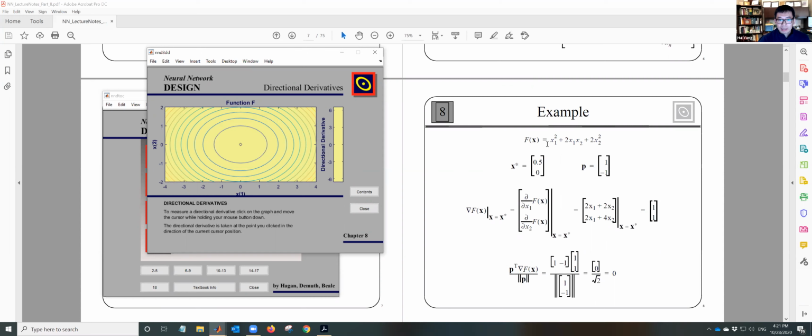So we can take the derivative of f at the particular location x equals x star. Then we get 1, 1. In order to see the projection of 1, 1 onto this particular vector, we have p transpose times 1, 1, divided by the magnitude of this vector. Then this is 0. So what does this mean? The projection component is 0.